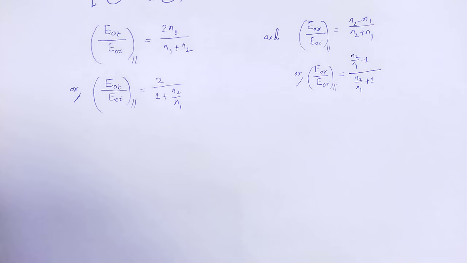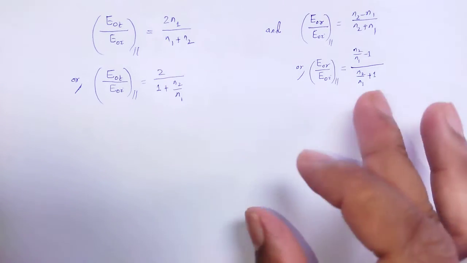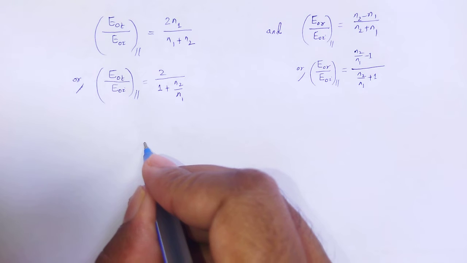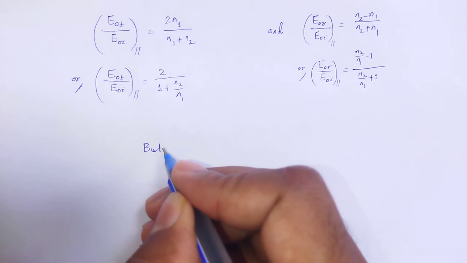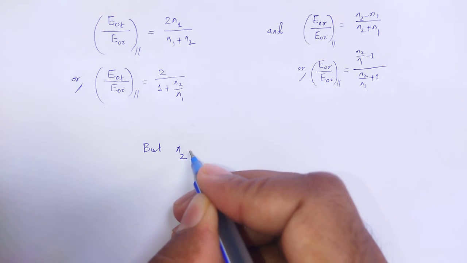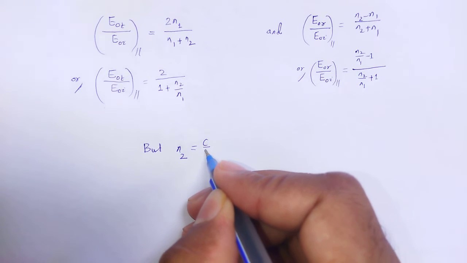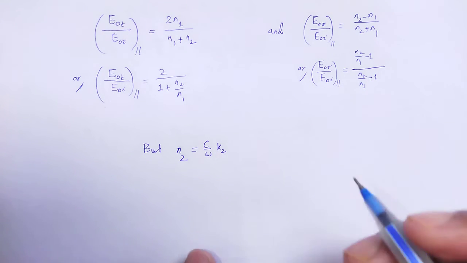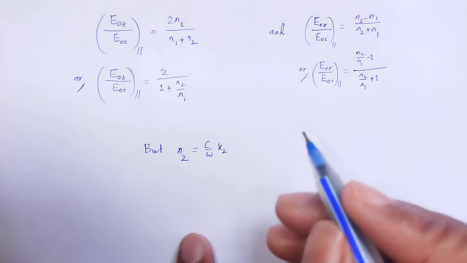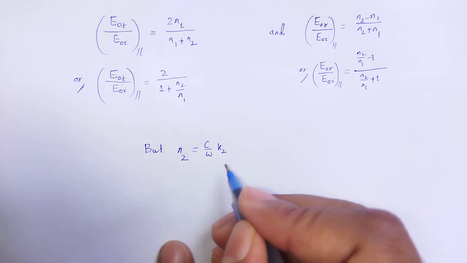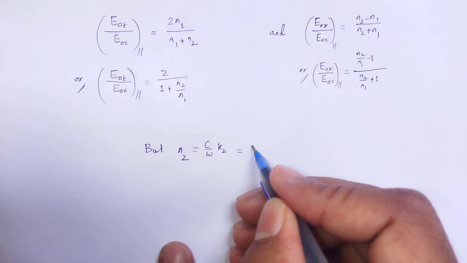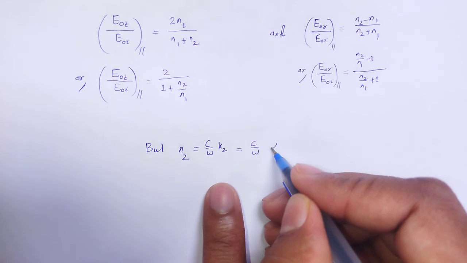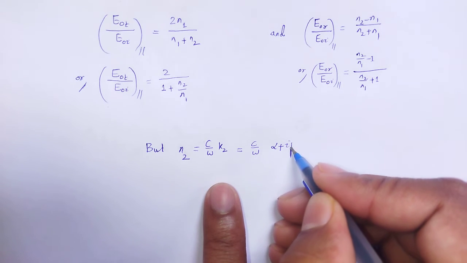An important relation we can write here, but N2 is equal to C by omega K2. K2 is a complex one, which is equal to C by omega in place of K2, that is alpha plus I beta.